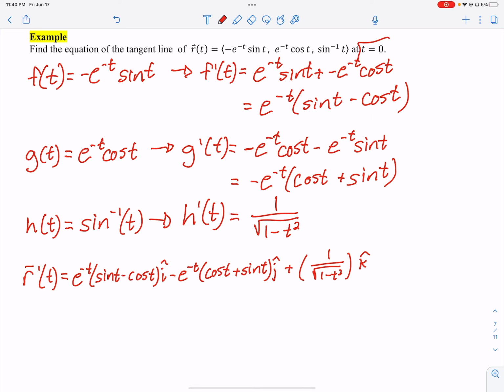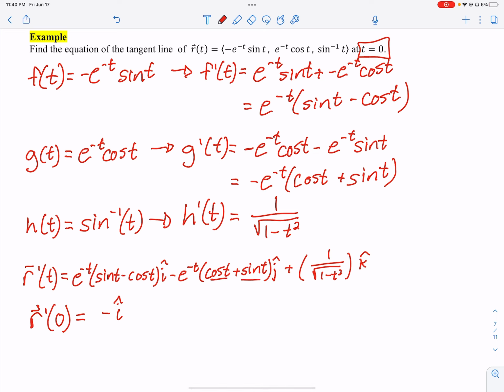It says at time equals 0, so it's going to be nice plugging in. I'm going to find my vector, which tells me which way the tangent line is going. The e to the negative t, if I plug in a 0, just becomes a 1, so I just have to pay attention to the inside. Sine of 0 is 0. Negative cosine of 0 will be a negative 1, so I get a negative i. The second one, I'm going to have a negative from there.